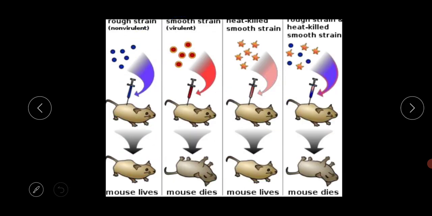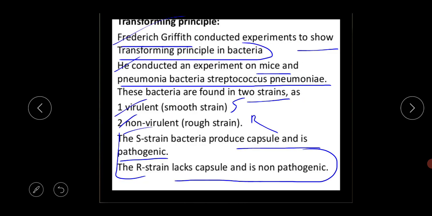Next is his experiment, with a total of four case studies. When we inject the R strain, the mouse lives. Why? Because this is the R strain, the rough strain, which is non-pathogenic.